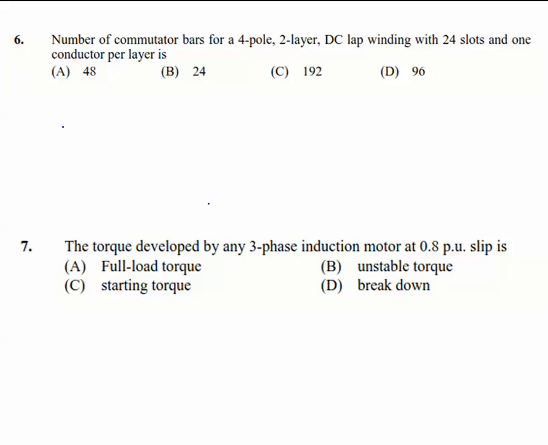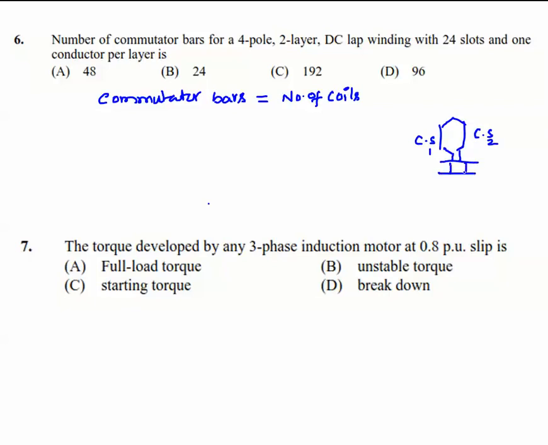And the solution for this problem is, normally the commutator bars or segments is equal to the number of coils. That means one coil will have 2 sides like this. So this is coil side 1 and coil side 2 here. Here we have commutator bars like this.